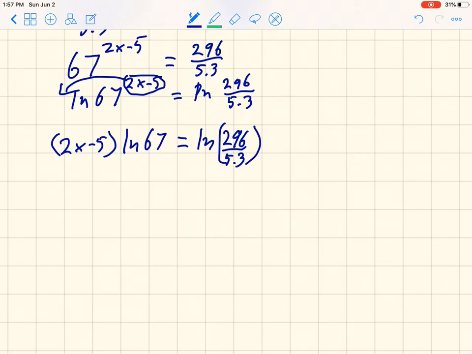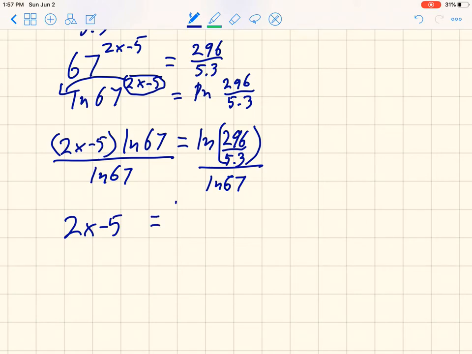And now we just need to solve this thing for x. So I'm going to divide both sides by the natural log of 67. And now I've got 2x minus 5 equals natural log of 296 over 5.3 all over natural log of 67. So I'll add 5 and divide by 2.